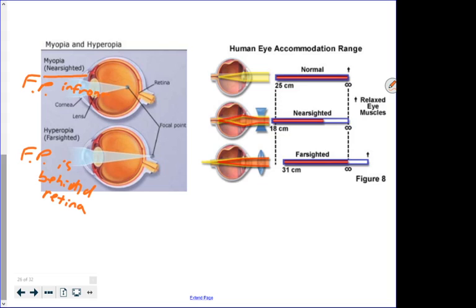Yeah. And then Mr. Waters, who teaches physics this year, would totally geek out on the different types of lenses. So here is a concave lens, and here is a convex lens, and they do different things to the light so that the focal point is restored to where it should be on the retina.